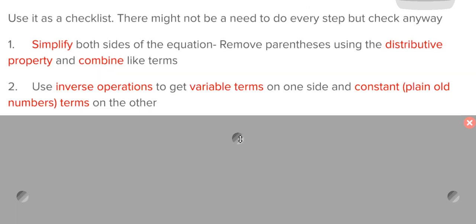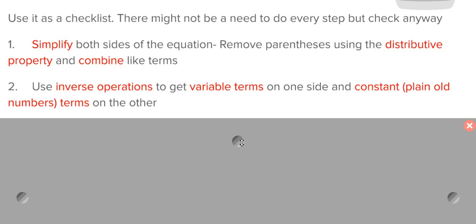Step two, we want to get all the variable terms on one side of the equation and constant, or just plain old numbers, on the other side. And we're going to use inverse operations to do that. We're going to add or subtract, really more specifically. But we want all the parts of the problem with variables, with letters, to be on one side, and the plain old numbers on the other.